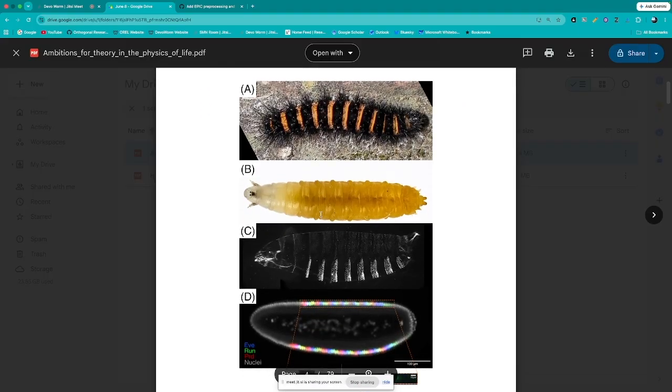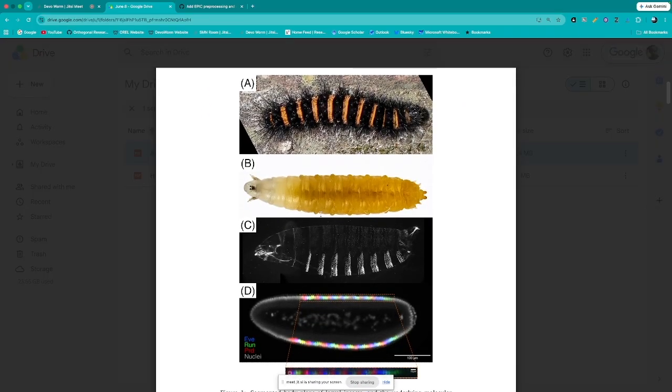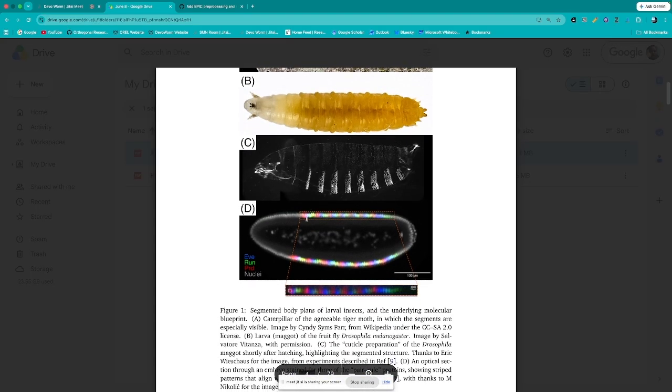You see the striping here, where you have the striping in the adult in different forms, and then in the embryo, you see the origins of it on the edge of the embryo in the stripes. And so this sort of looks like a rainbow along the edges of the embryo.